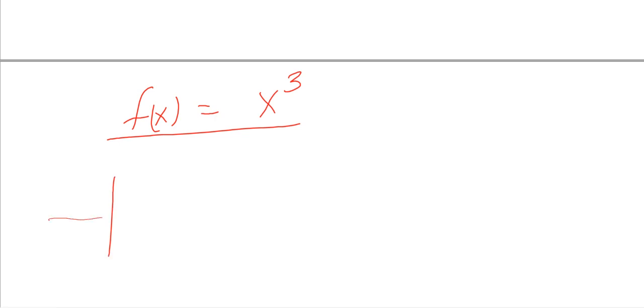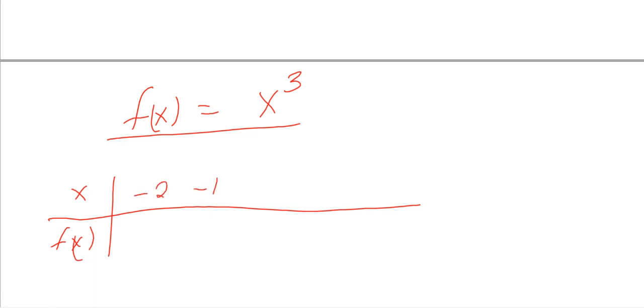If we try to tabulate, we take some values, say from minus 2, minus 1, 0, 1, and 2. Maybe I should have started from minus 3, so that we have a few more values.